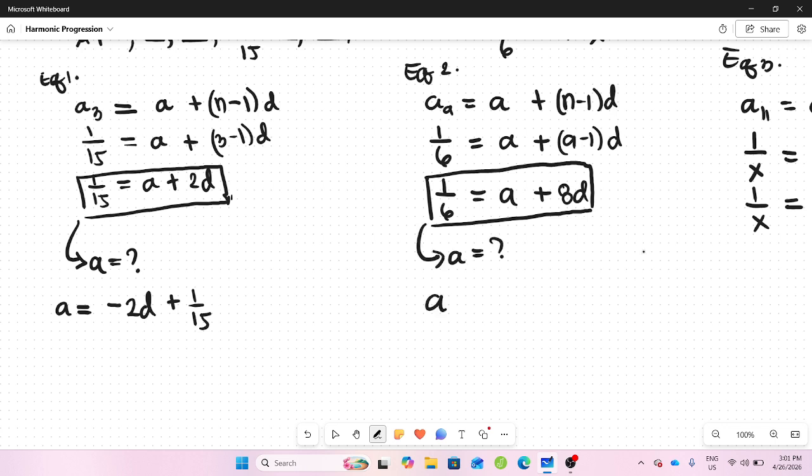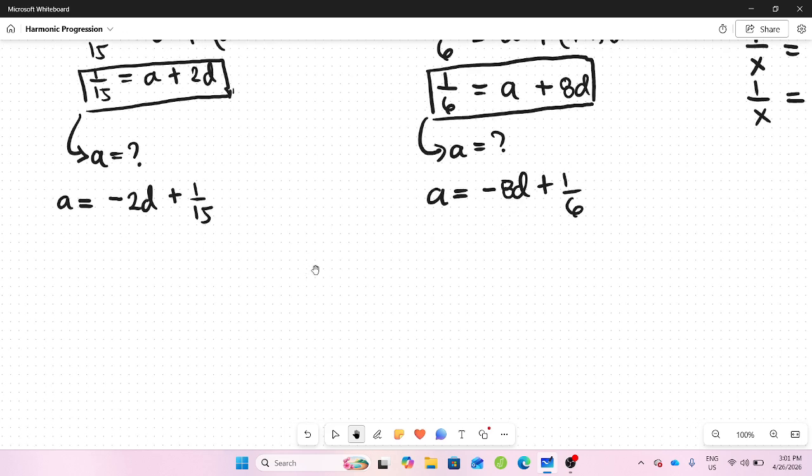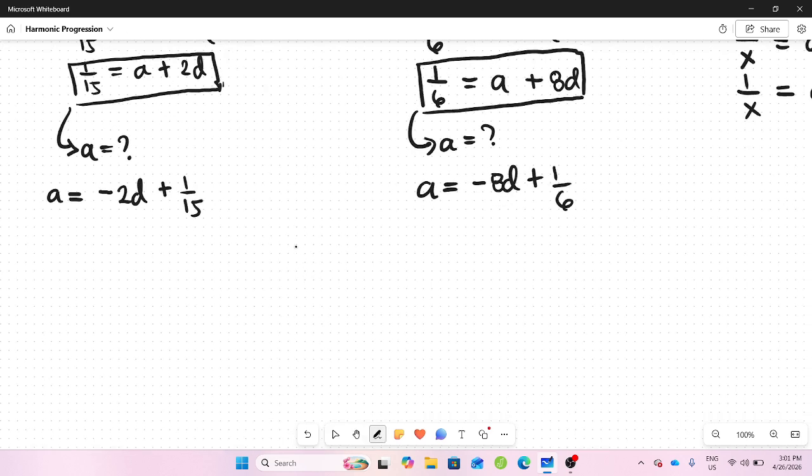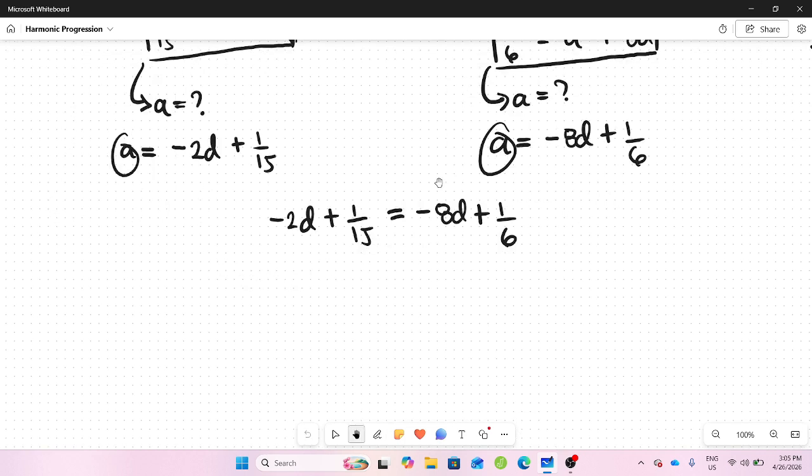So a here is negative 8d plus 1 over 6. So we could just combine these two because the value of a is this and the value of a is this. So we could say negative 2d plus 1 over 15 equals negative 8d plus 1 over 6. So we're gonna combine like terms here.